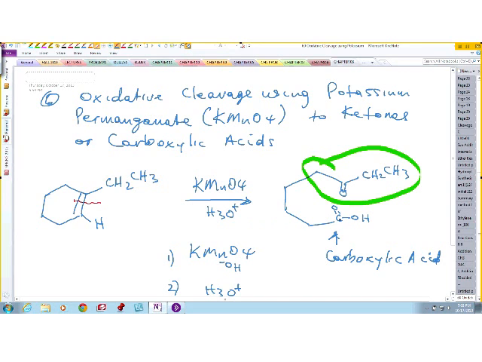So that carbon is the one that becomes this carbon. This other carbon here becomes the carbonyl of a ketone. Just as in ozonolysis. You follow that? Now let's give you a couple more examples before we leave that.